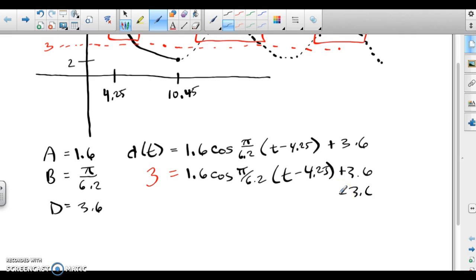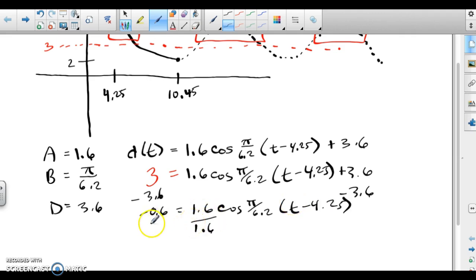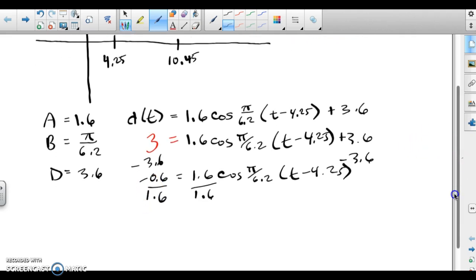So we subtract 3.6, we get negative 0.6 equals 1.6 cosine pi over 6.2 times t minus 4.25. And then we divide both sides by 1.6, so that cosine is by itself. And negative 0.6 divided by 1.6 gave us negative 0.375.